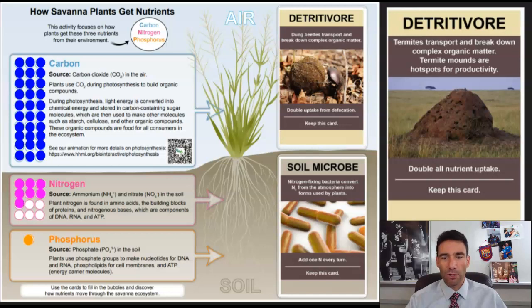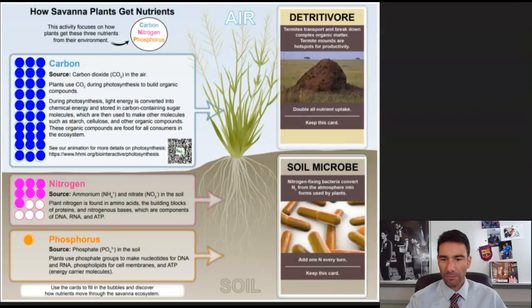They transport and break down complex organic matter, right? They chew up bits of wood and turn it into smaller things. Termite mounds are hotspots for productivity. You've got thousands and thousands of termites chewing away at big bits of wood that would otherwise take a really, really long time to break down, and they're speeding everything up. All right, let's add that to our card. What's next?